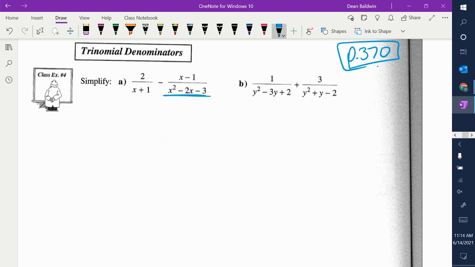What multiplies to negative 3 and adds to negative 2? Negative 3 and 1. So I get x minus 3, x plus 1. All right. What's the common denominator?